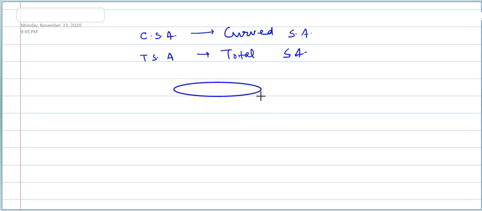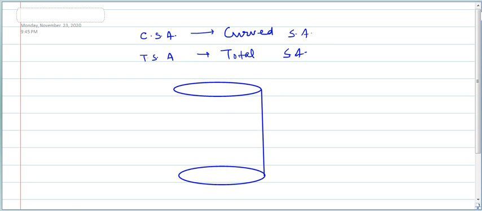Listen carefully. Suppose it is a cylinder. I just try to draw a cylinder. This is a cylinder and the radius is r and the height is h.